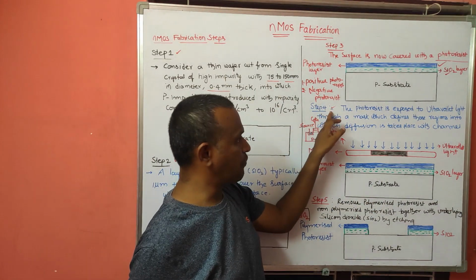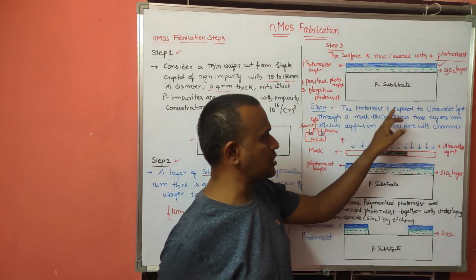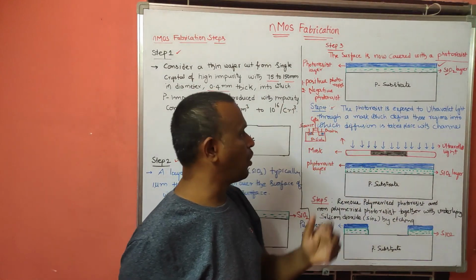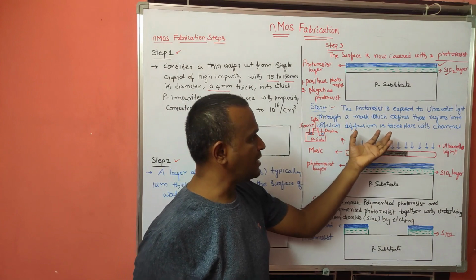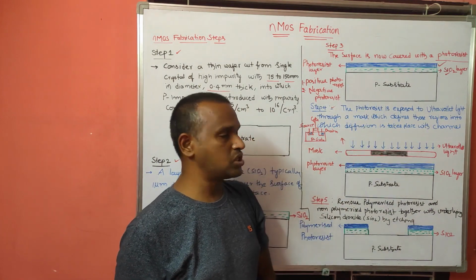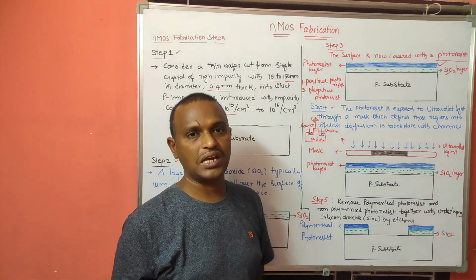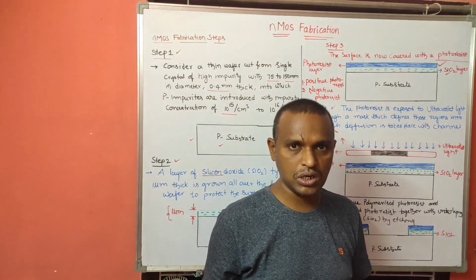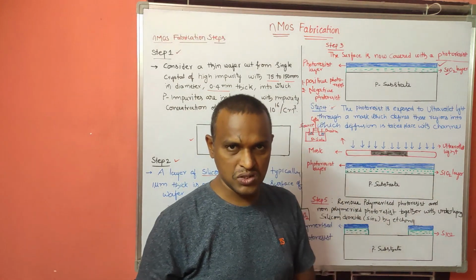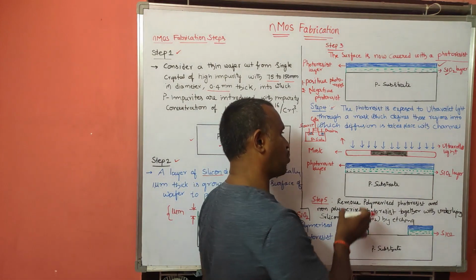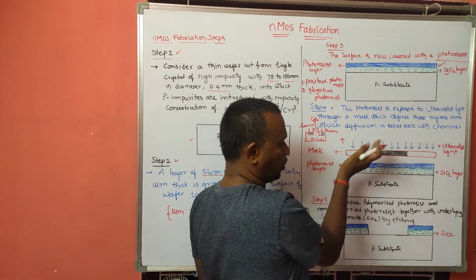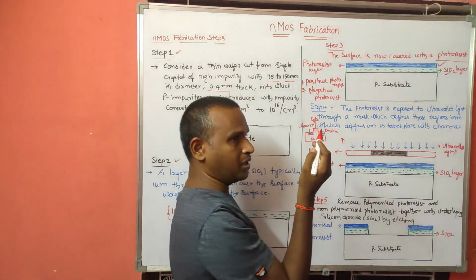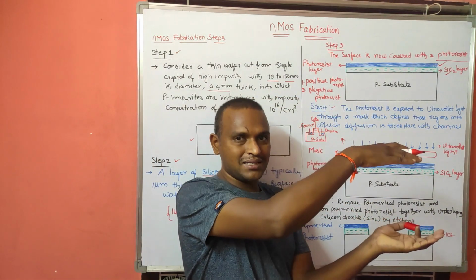That means step 4 is nothing but the photoresist is exposed to ultraviolet light through a mask which defines those regions into which diffusion takes place, and that diffusion is nothing but source and drain formation, and at the same time the transistor channel. So that's why above this photoresist layer, I am going to place a mask.